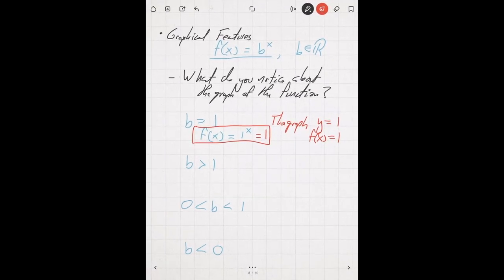When x is greater than 1, we are going to say the graph curves up to the right. So it curves up to the right very quickly.